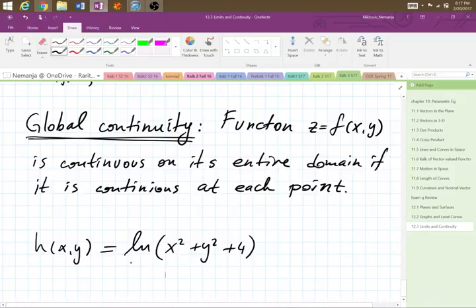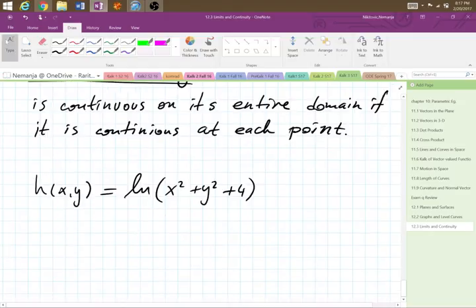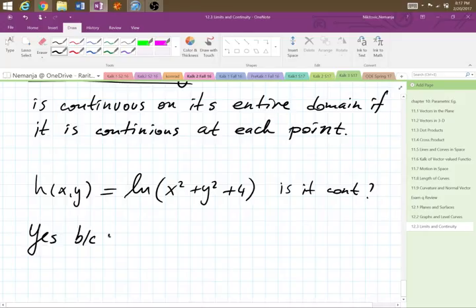And you know that ln is continuous on its domain, and you know that the function composition is continuous. So you actually write a paragraph. So this question is answered, right? So is it continuous? The answer is yes, because, and then you write the paragraph.